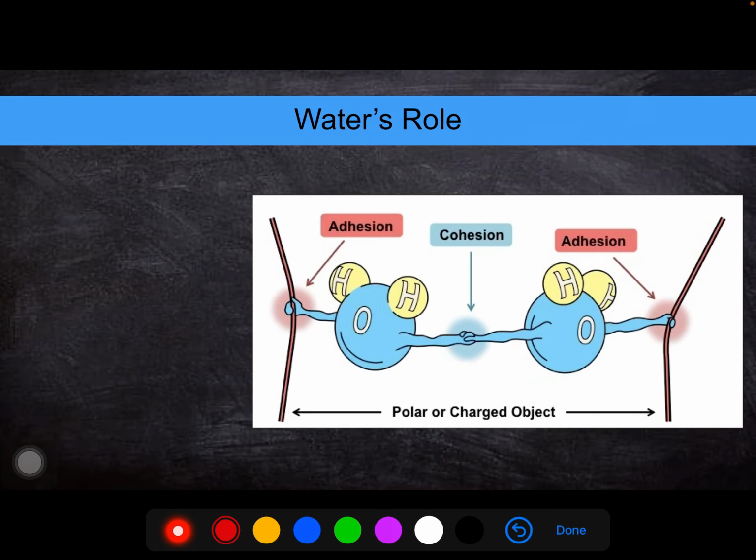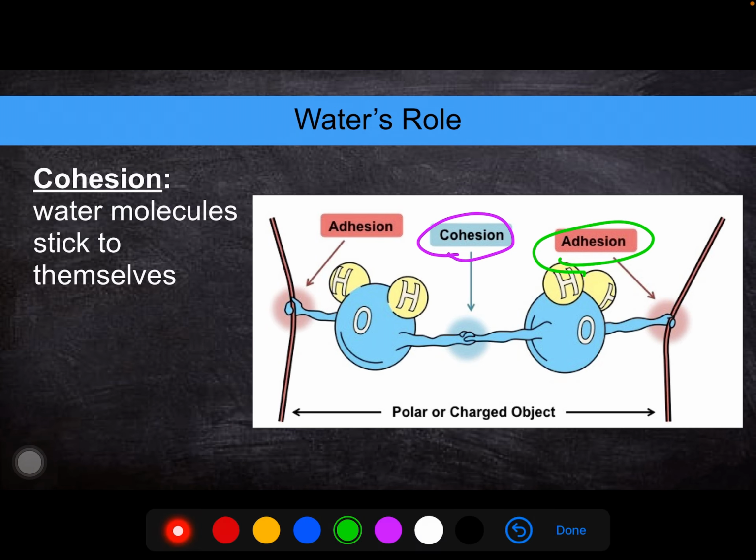Our last two properties we're thinking about are cohesion and adhesion. Cohesion is just the simple idea that water molecules like to stick to themselves or are attracted to themselves. And so we see that in the picture here. They like to stay together.